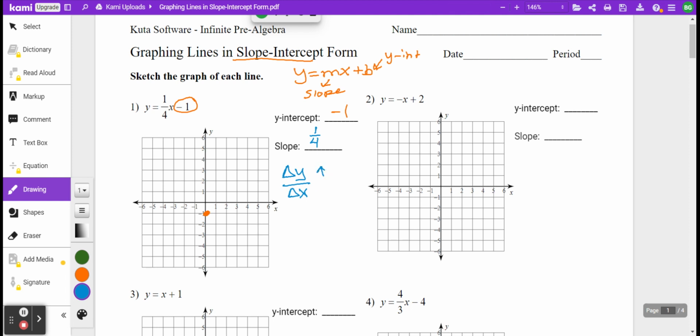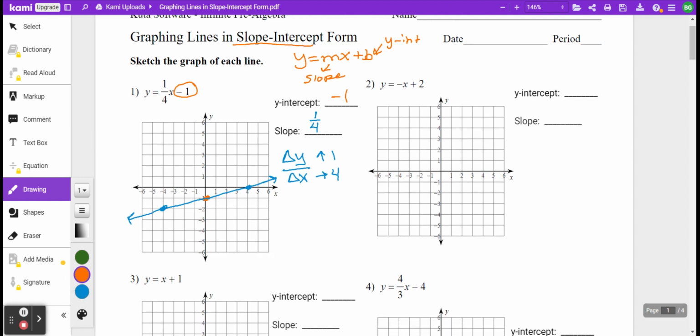So in this case, I'm going to move up 1 to the right 4. So that would give us this point here. If I wanted to move backwards, I can move to the left 4, down 1. Then all we have to do is connect that line. And that's all we are doing.